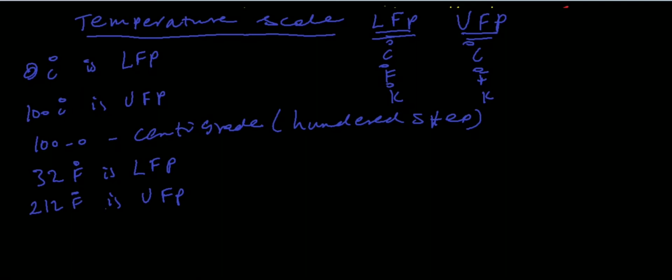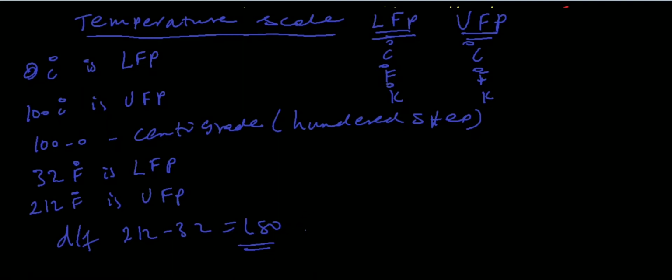The difference between the upper fixed point and the lower fixed point is about 180. The difference is 212 minus 32, which equals 180. This means the difference between the lower fixed point and the upper fixed point is divided into 180 equal intervals.